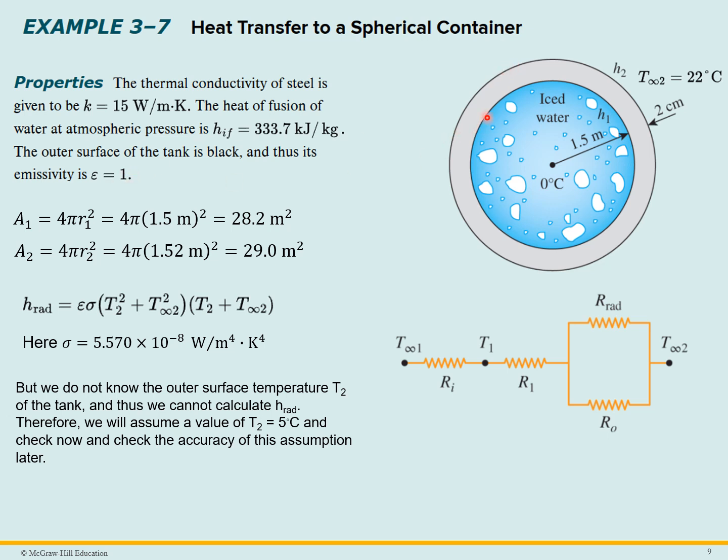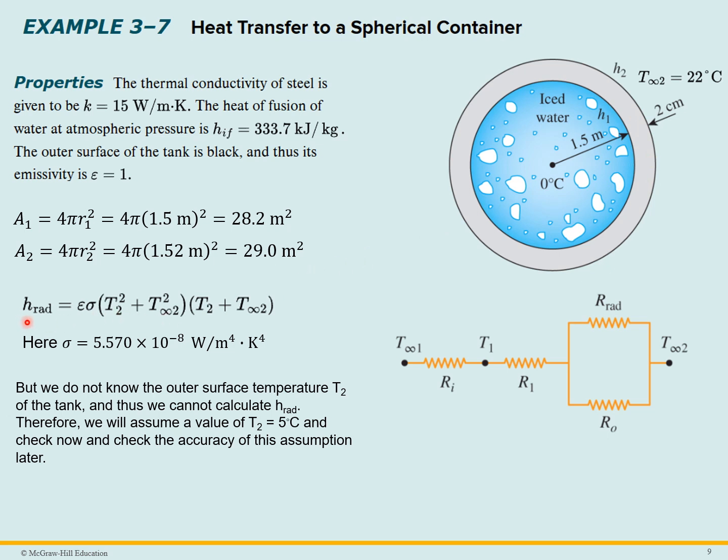We're going to need to calculate the inner and outer surface areas of the sphere. So for the inner surface area, it's 4 pi times the inner radius squared. So we can calculate that value. We can calculate the outer surface area, the outer sphere.